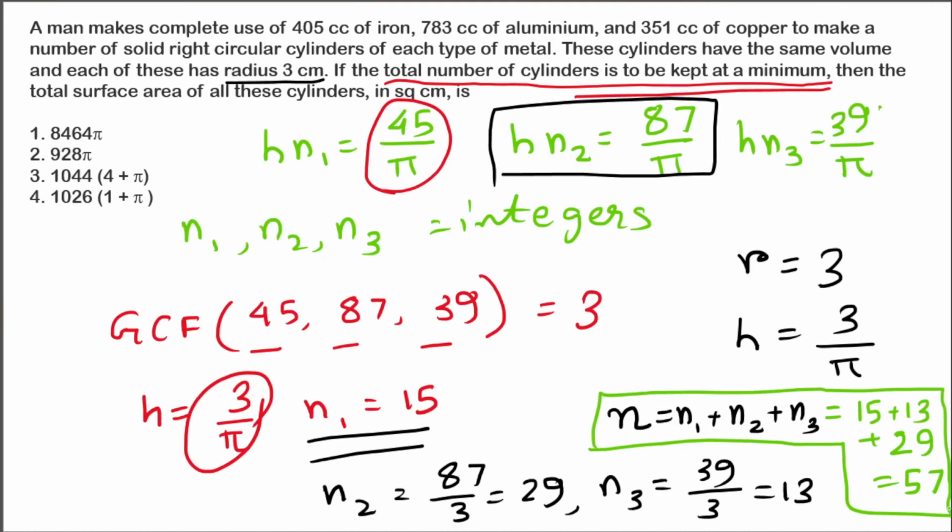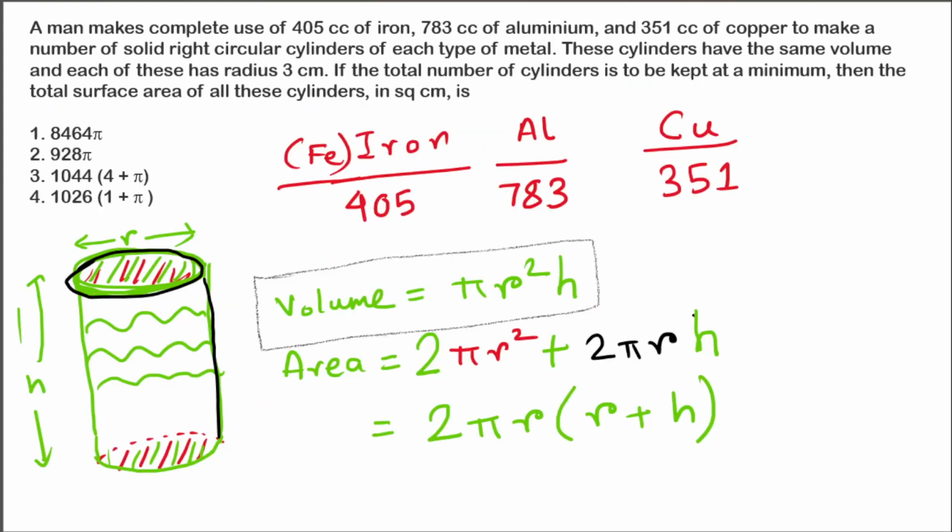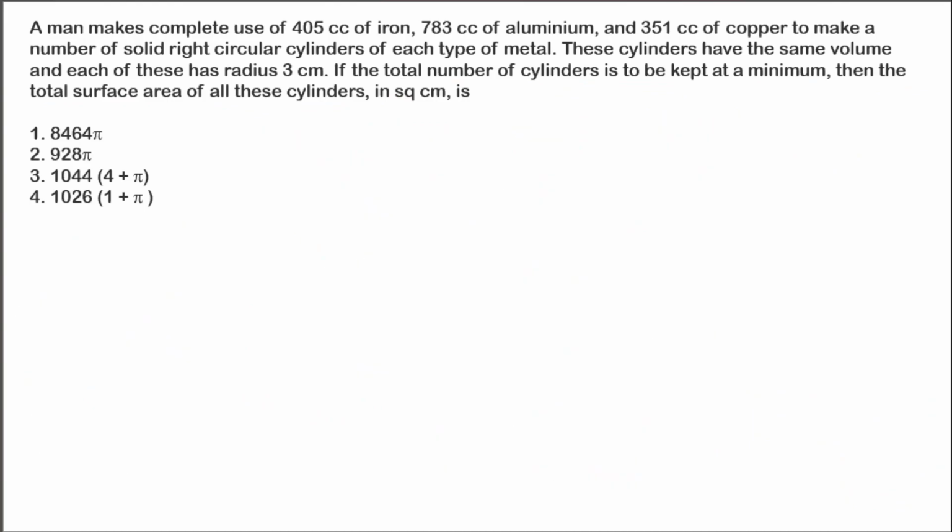All right, now we will go back to our formulas. What is being asked? The total surface area of all these cylinders. Now for each cylinder, the total surface area is this, right? Now for n cylinders, it will be 2 pi r plus h into n, right? Now it is simply the matter of substituting the numbers.